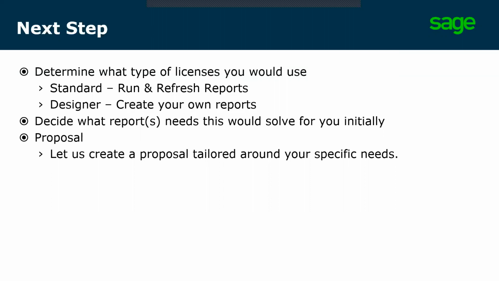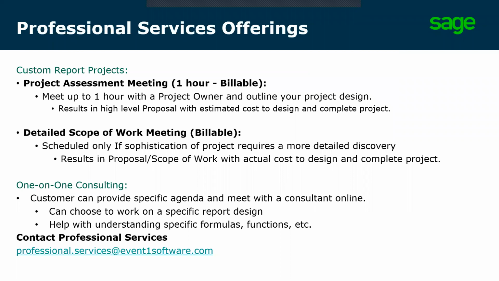And these are the steps that people typically follow post-presentation to decide what they want and how they might use the technology, so we can create a proposal for you. If you want a report created for you, you would interact with TAG and then can engage professional services.